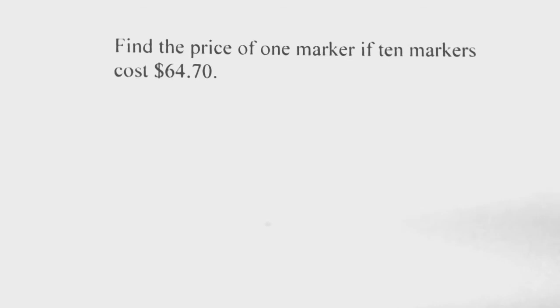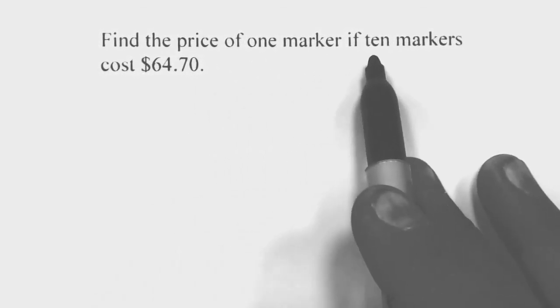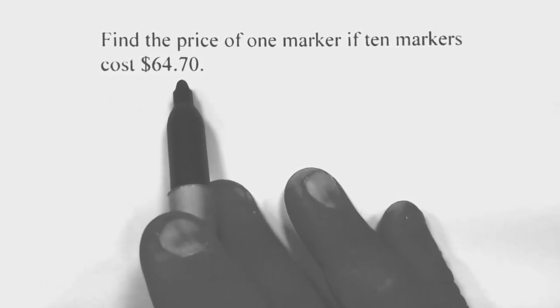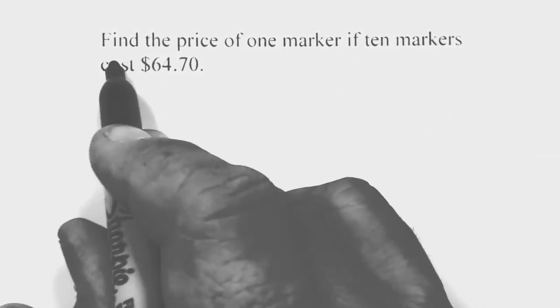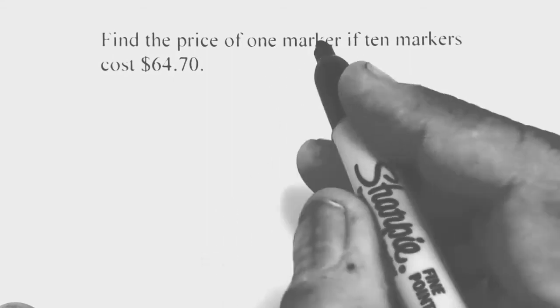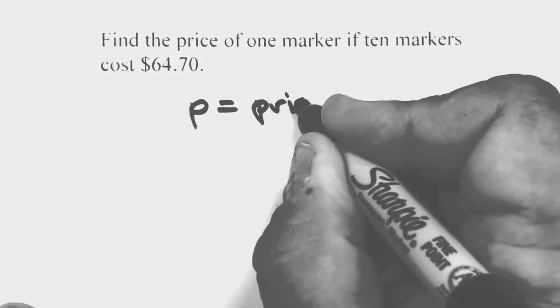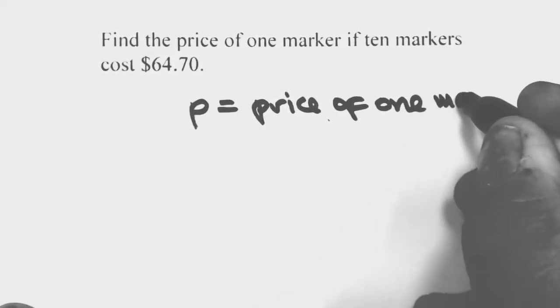Okay, here's another one to look at. In this word problem, we say find the price of one marker if 10 markers cost $64.70. Well, okay, again, we want to make sure we solve this. So the price of one marker, let's say P equals the price of one marker.